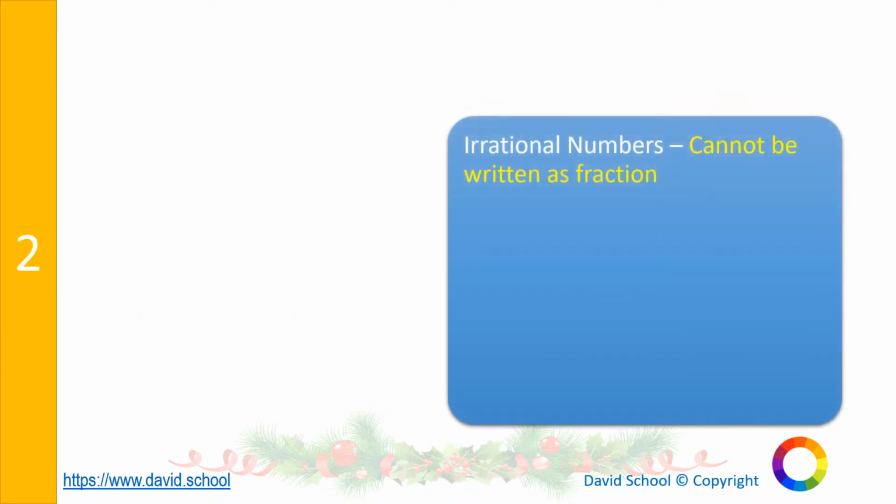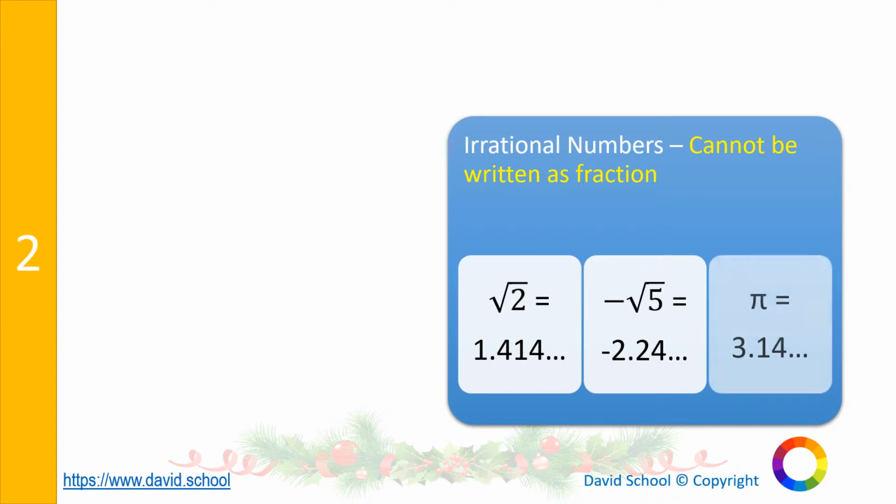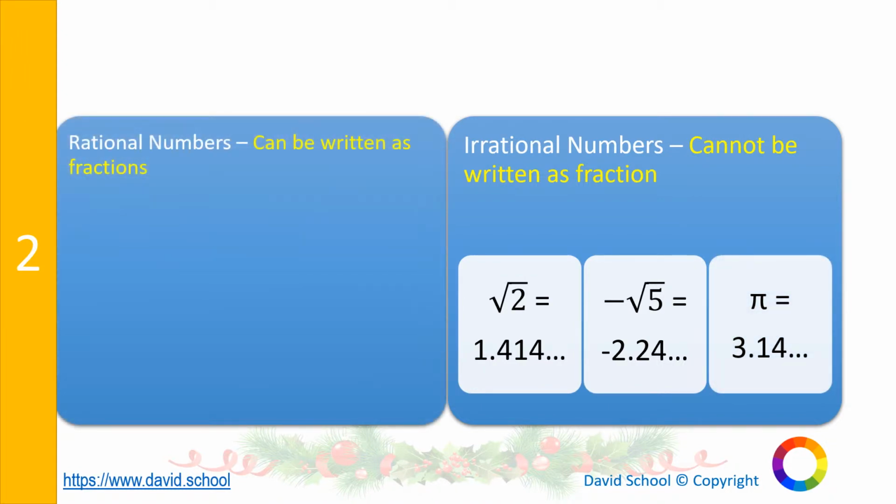So far we have learned irrational numbers and rational numbers. Irrational numbers cannot be written as fractions. Square root 2, negative square root 5, and so on. Rational numbers can be expressed as fractions. Half, which is 0.5, 2 over 3 is 0.6 bar.